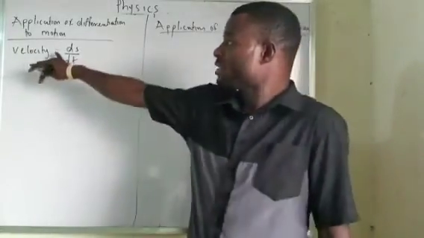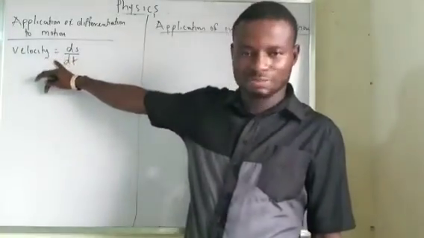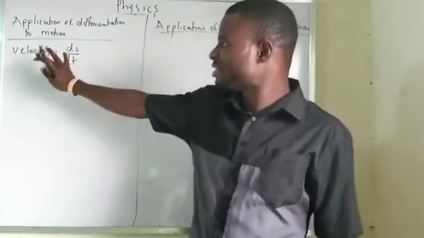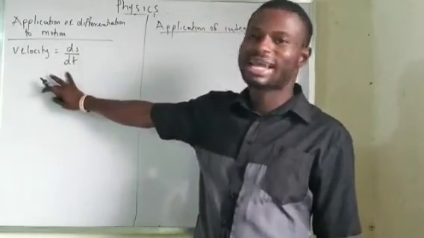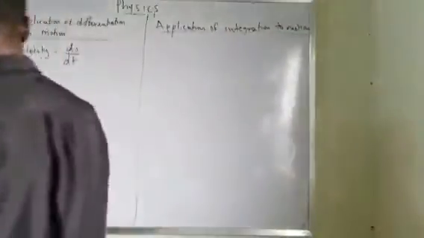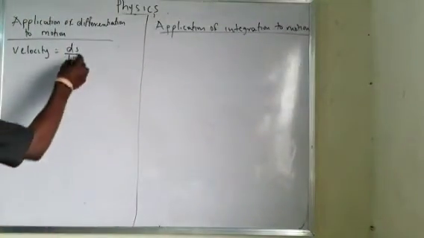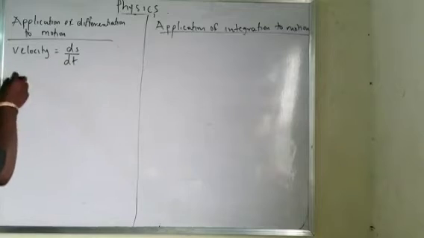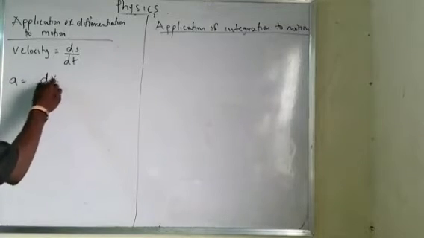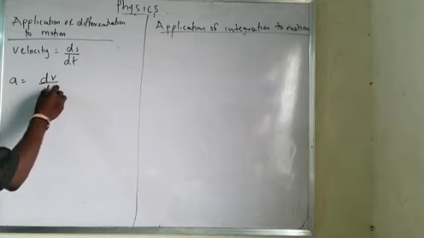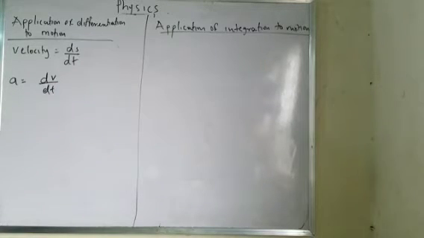Hope you know velocity is always displacement, and speed is time. Now it means my velocity is changing displacement over changing time. Now that is the same thing as dx over dt. And the acceleration will be equal to dv over dt. Dv means change in velocity over change in t.